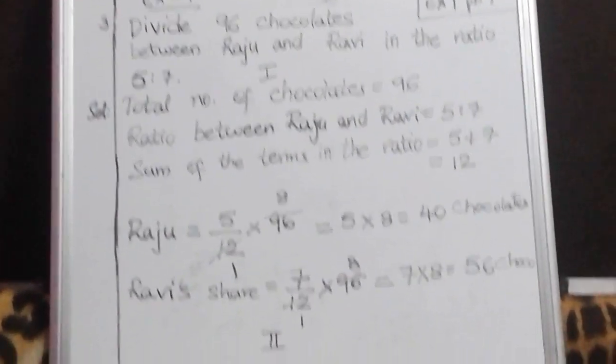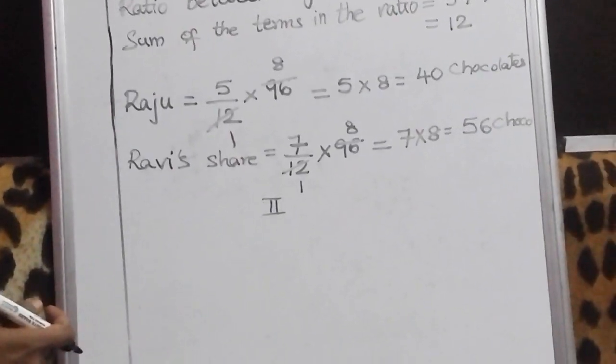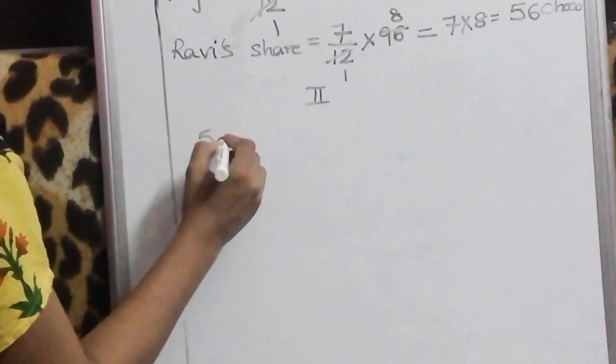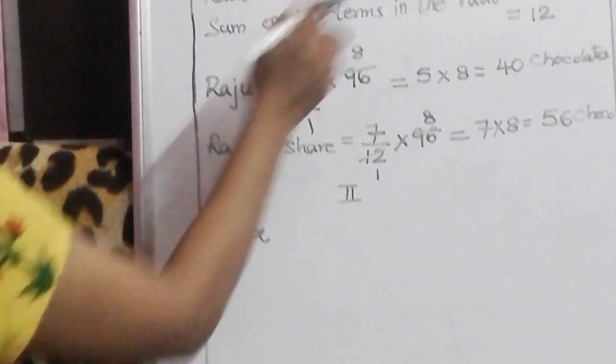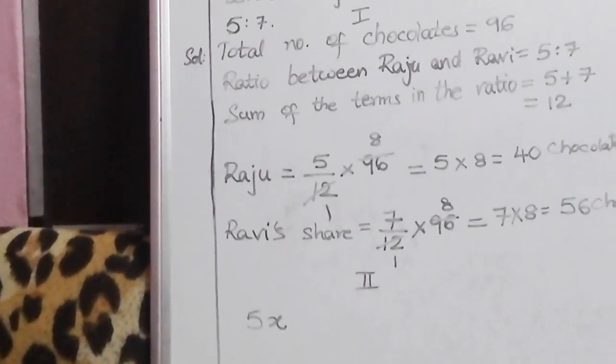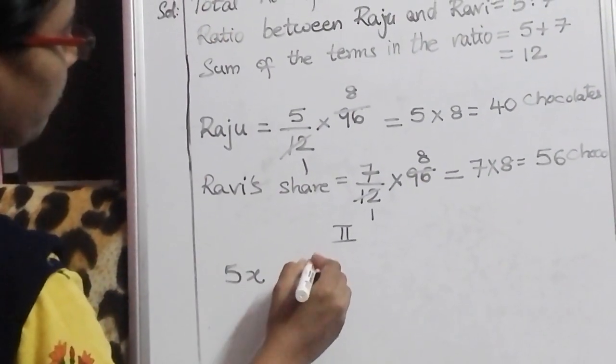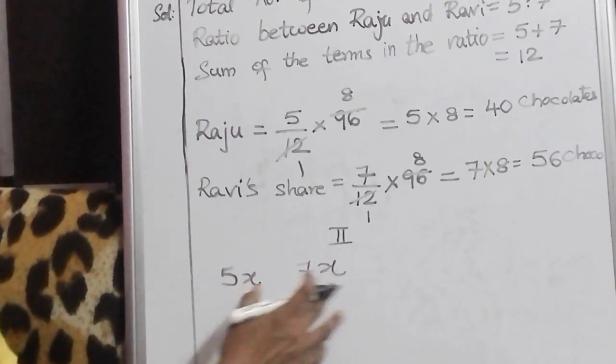Here what we are going to do is, we are going to take the ratio as 5x for Raju and 7x for Ravi. 5x and 7x.